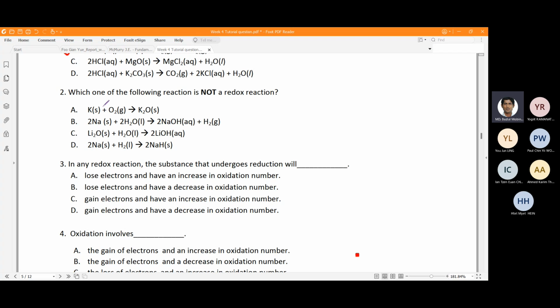Question 2 says, which of the following reactions is not a redox reaction? Same way, all of them are redox reactions to some extent. One is a redox reaction because it was 0, but now it becomes +1, and this has become -2. So it is a redox reaction. Sodium, it was 0 in there, and it becomes +1.